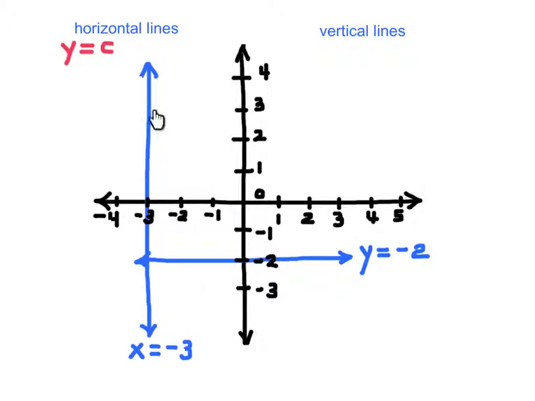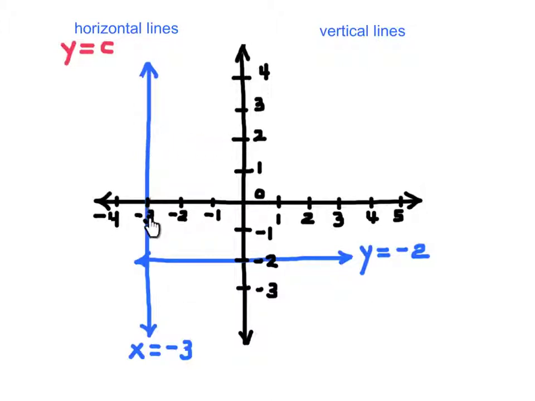For this line, x only takes on the value of negative 3. Y, on the other hand, can have an infinite number of values. We can be at this point, which is negative 3, 4, or this point, which is negative 3, 3, or this point, which is negative 3, 2.